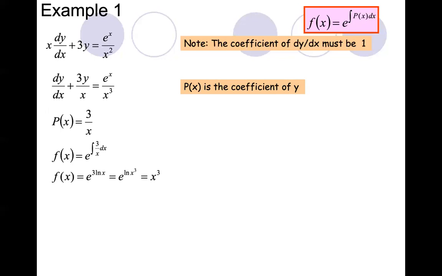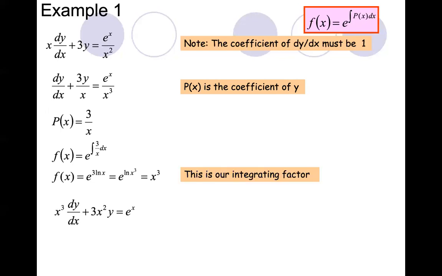So we multiply our whole function by x cubed. And then you just find that your left-hand side now will just be d over dx of x cubed times y. I included this step, you multiply by x cubed.